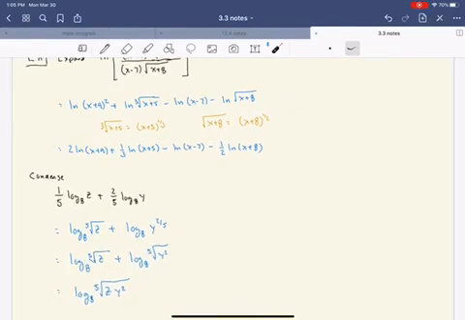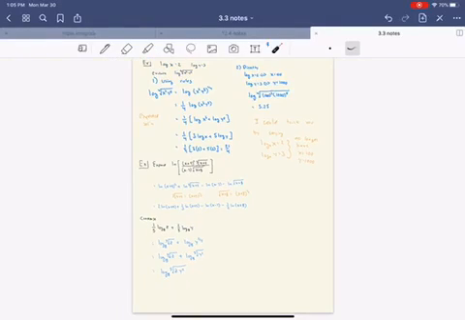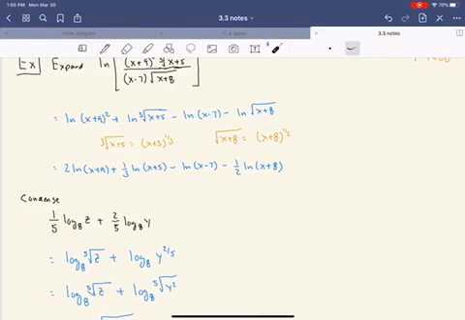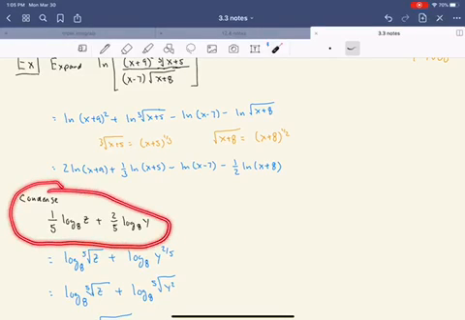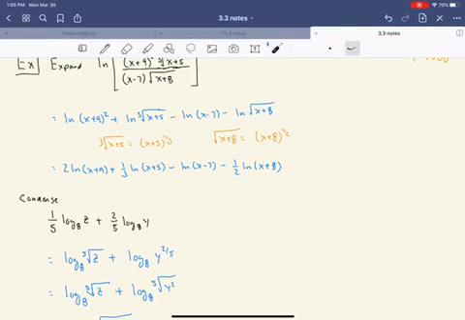Okay, there's also the opposite. We could condense an expression. We could condense this expression: 1/5 log base 8 of z plus 2/5 log base 8 of y. Now, doing the opposite, we're taking the 1/5 and putting it on the power, just like we're taking the 2/5 and putting it on the power.